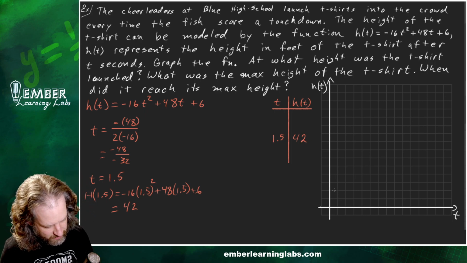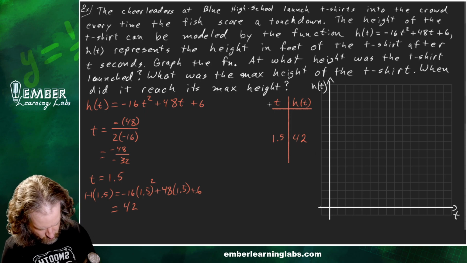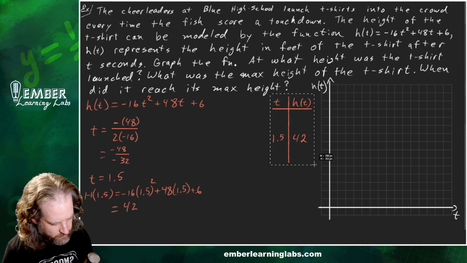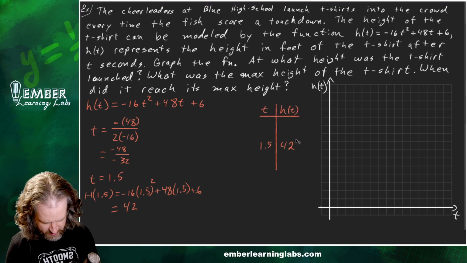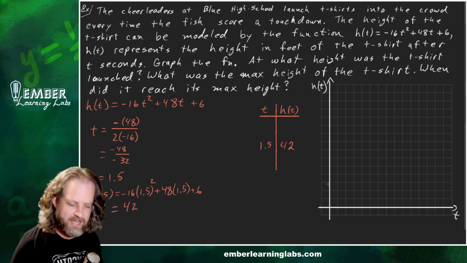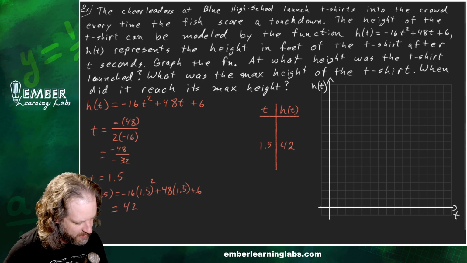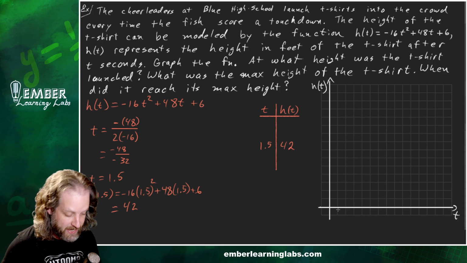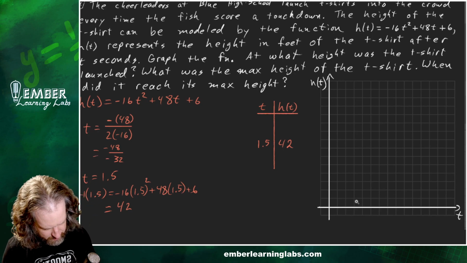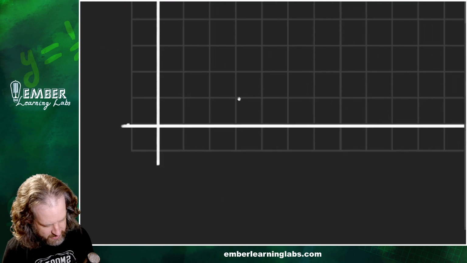So let's decide what scale we're going to use, because I don't think we're going to want to count by ones. That's not going to make any sense. That will leave us in some trouble, right? So let's count on the x-axis by halves. Let me zoom in, make our life a little bit easier.